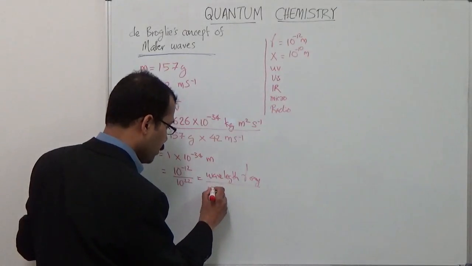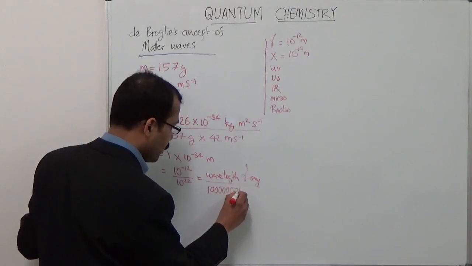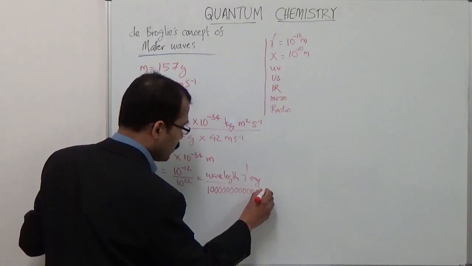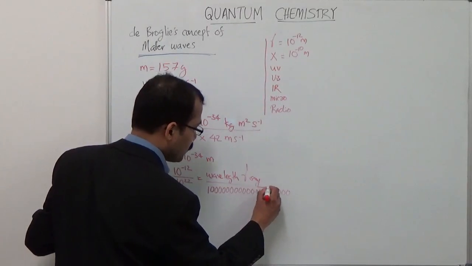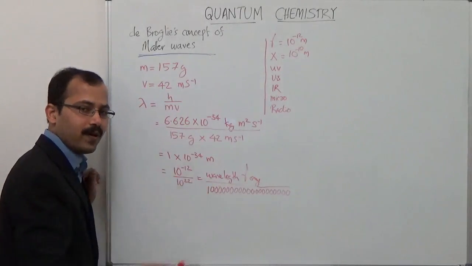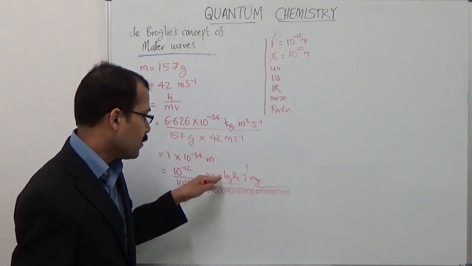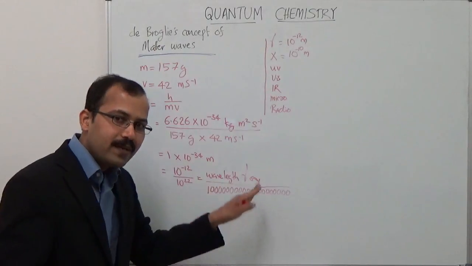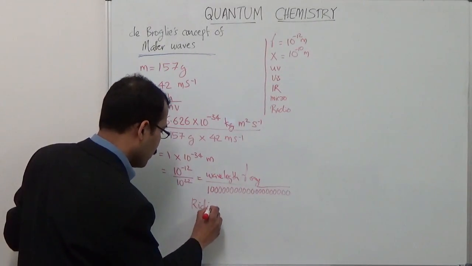So this is a ridiculously small number: the shortest wavelength corresponding to the gamma rays divided by a big number.